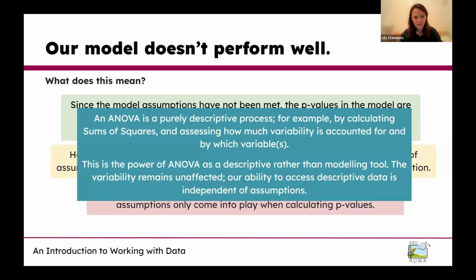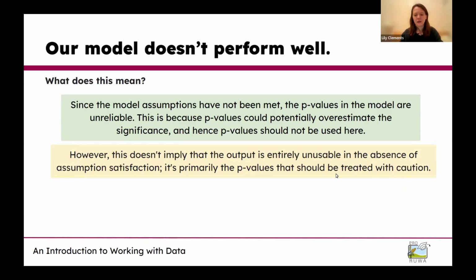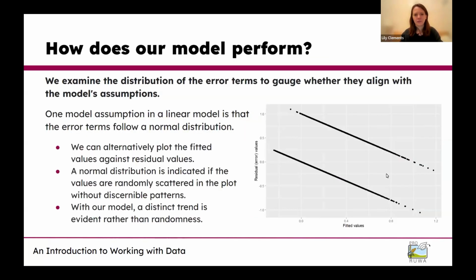However, when the p-values come into play, then we need to treat them with caution, because we've seen that our model does not fit well. Actually, the model that would fit well here, if you were interested, because we're looking at whether it was a rainy day or not a rainy day, is this: we have a two-level factor or a binary variable, which means that we should fit a binomial model most definitely.